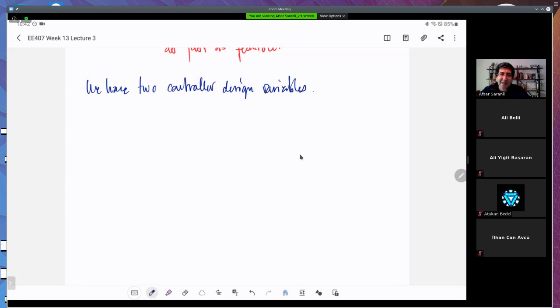The typical analytic way we can deal with this is to make some choices for one of the variables, usually the integral time constant, and then study the other design variable, which is the gain, by using the root locus method. Okay, so we have KCT and tau I as our design variables.